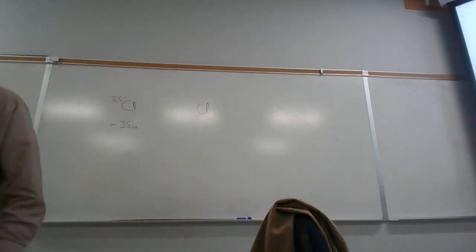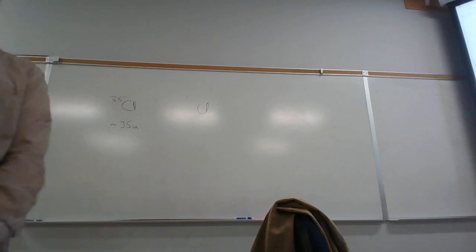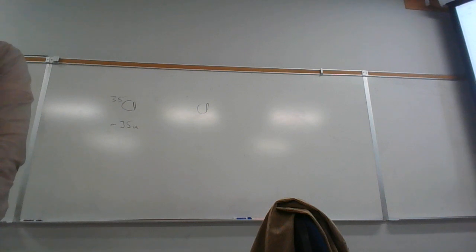So number 29, it was not a fair question. So I'm just going to give everybody 2 points, unless you already got 2 points, to keep it fair, I think. I'm not sure.